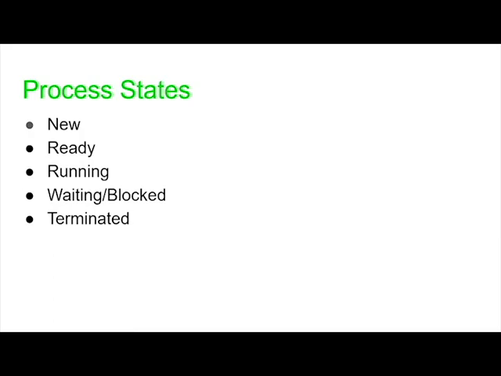Running means the process is currently running on the CPU. Waiting means the process is waiting for some event like I/O, that is input output. Terminated means the process has finished its execution. The OS keeps track of all this in the process control block, which stores details like the process ID, state, registers, and memory information.